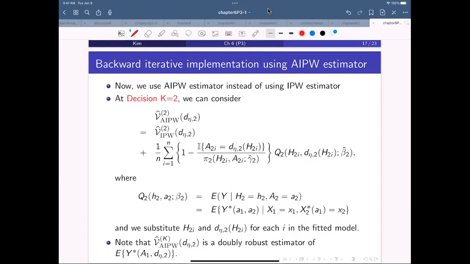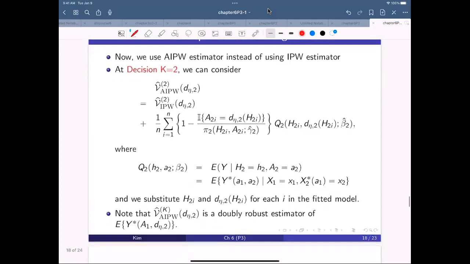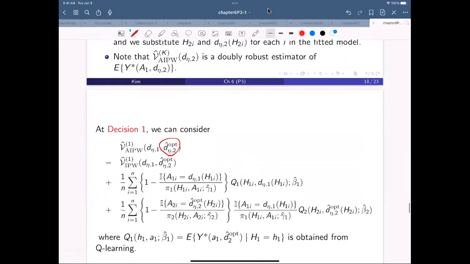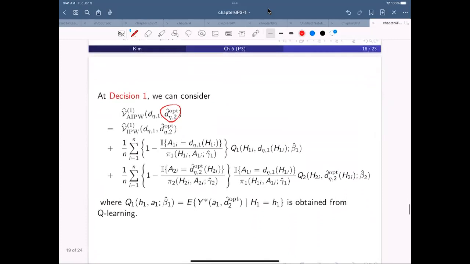And then once you obtain T2 hat, my Q1 will be the potential outcome of the Y star on the T2 optimal.